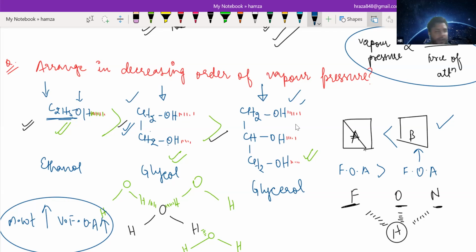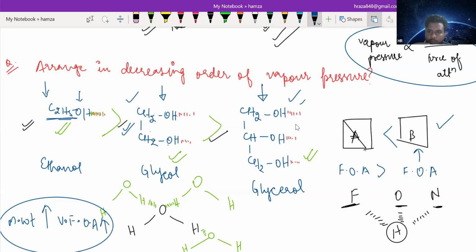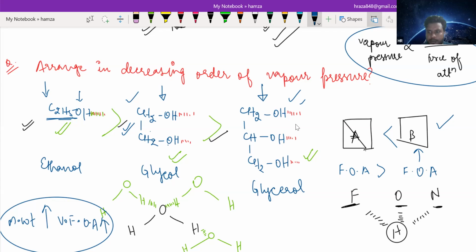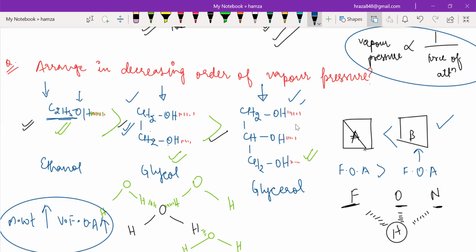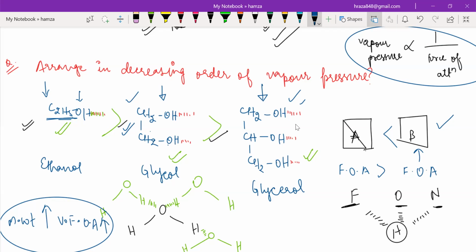Do you have any idea when is your paper, unit test or anything? Yeah, sir, my term one already finished. Oh, what was the syllabus? I want question paper. Syllabus was first three chapters that we First three studied. chapters, like tell me the chapter name, like solution, or it starts from solid state. Haloalkanes, haloarenes. Okay, that was the one. Then after that, there's one chapter I forgot the name.